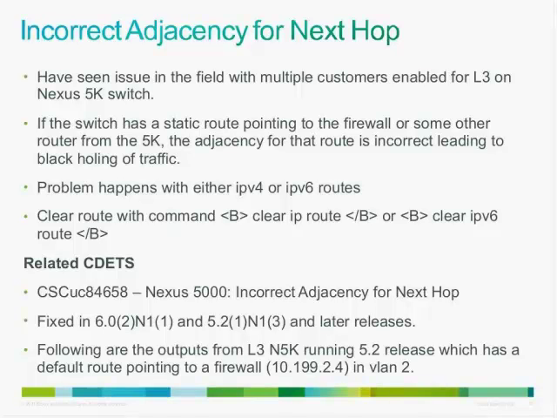We are actually routing through the SVI. If the switch has a static route pointing to the firewall, or some other router from the 5K, the adjacency for that route is not programmed correctly in hardware. So, it could lead to traffic black holing and stuff like that, right?